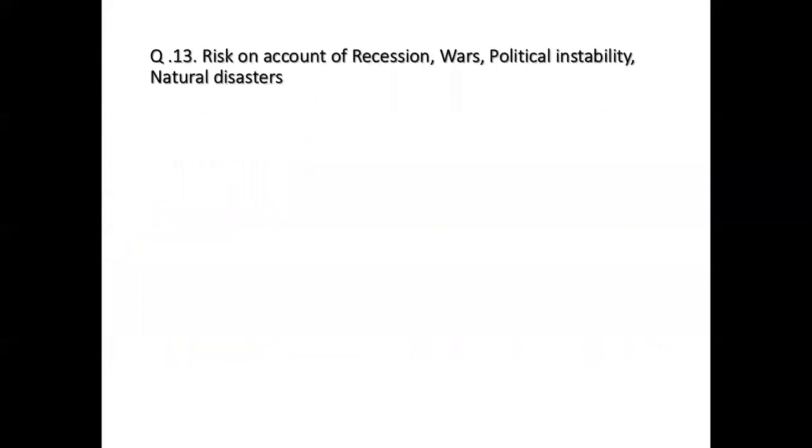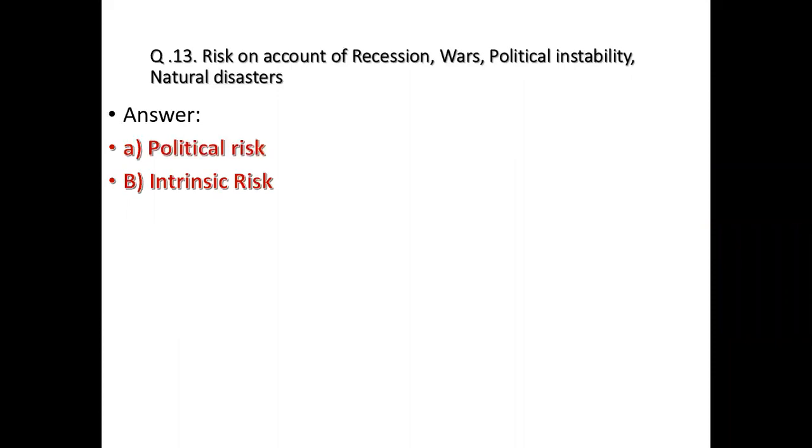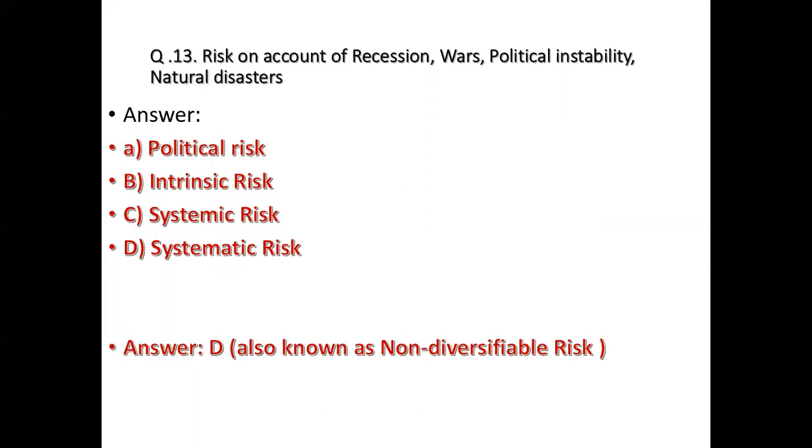Sometimes it is very difficult to manage risk on account of recession or wars. What is that risk? Systematic risk. Now, because of Corona, there is a downward trend in the economy; the whole banking sector, every sector, is affected. So this is called systematic risk. Systemic risk is different.